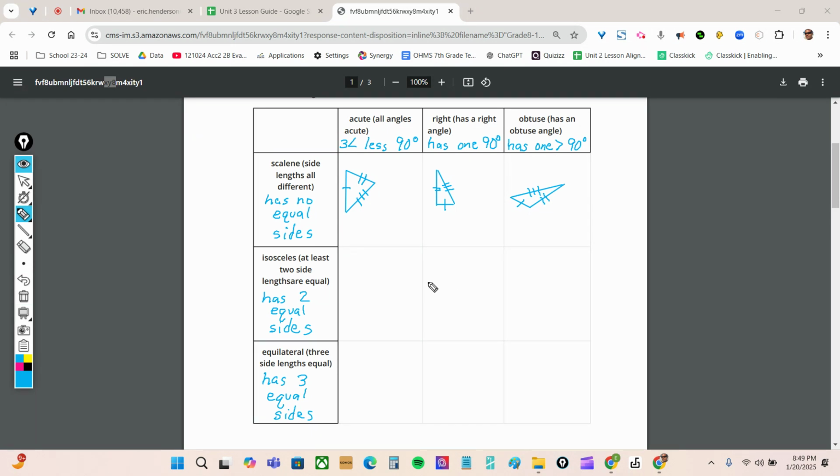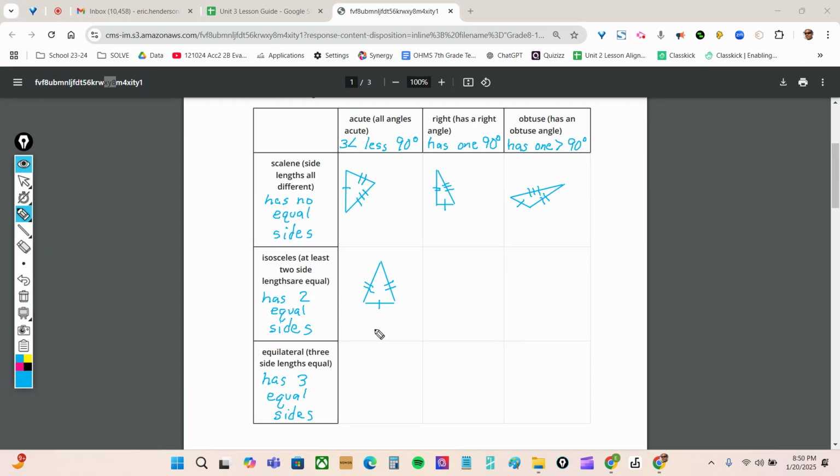All right, then we got isosceles acute. That's less than 90, and it has 2 equal sides. So that's going to be 2 equal sides, assuming those sides are connected. These are the same, and this is a different length.